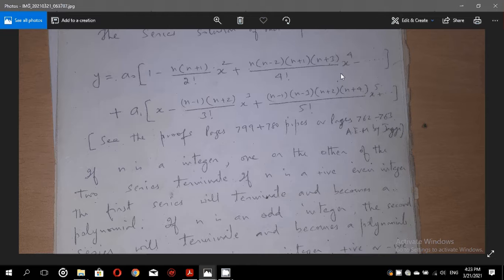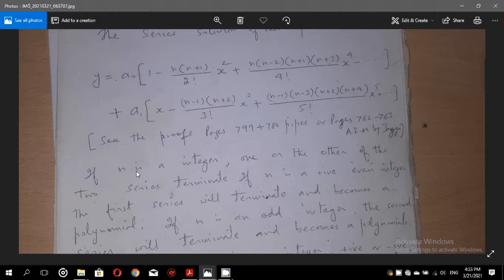And if n is odd, then this will be the other way around. Obviously the first series will continue as an infinite series, and the second series will terminate at a certain stage. So in this case, the second part of the solution will be a finite series, and the first part will be an infinite series.